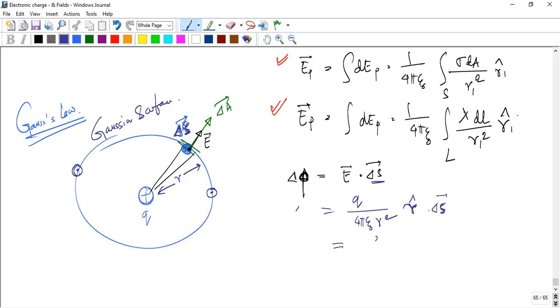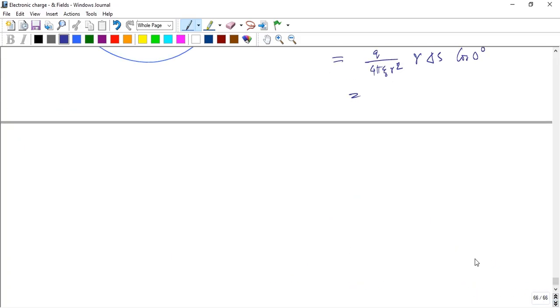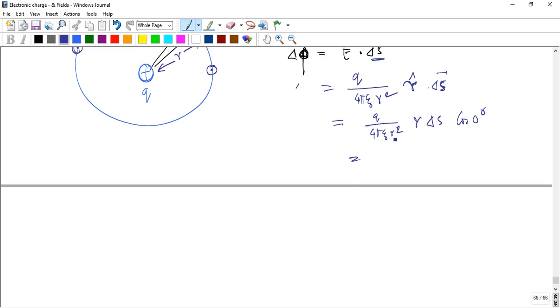So delta S and r cap are in the same direction, meaning cos 0, and you know cos 0 is 1. So Q over 4 pi epsilon naught r square times delta S, and r cap is a unit vector, so its value is 1.